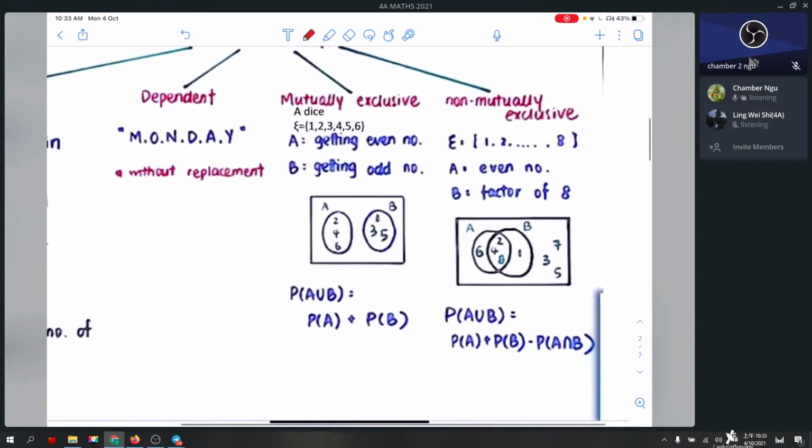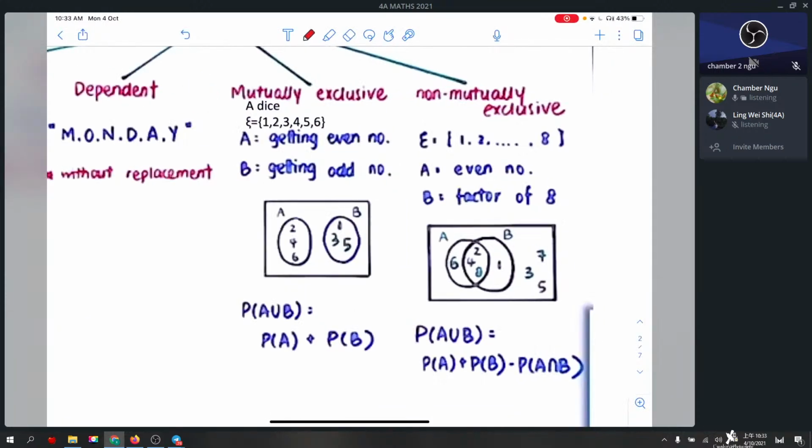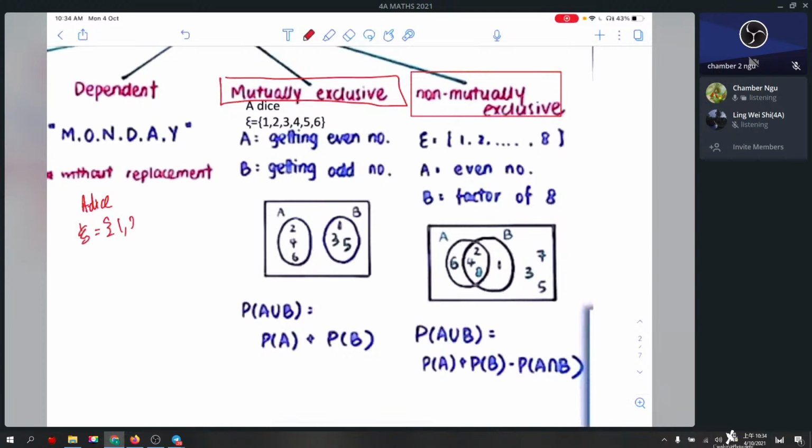So we have two cases now, which are mutually exclusive and non-mutually exclusive. For the mutually exclusive, what that means is if we have a dice, and a dice has six faces, which is 1, 2, 3, 4, 5, and 6.